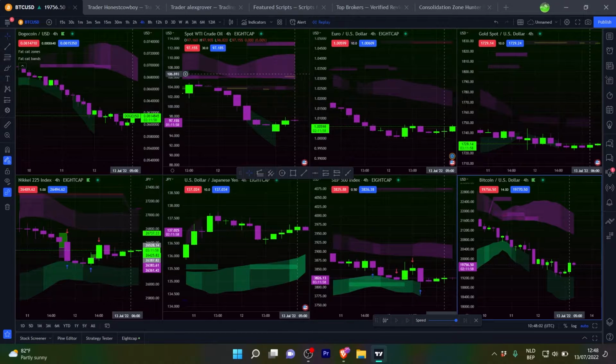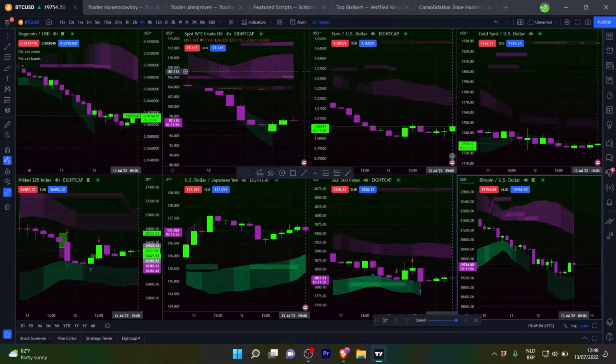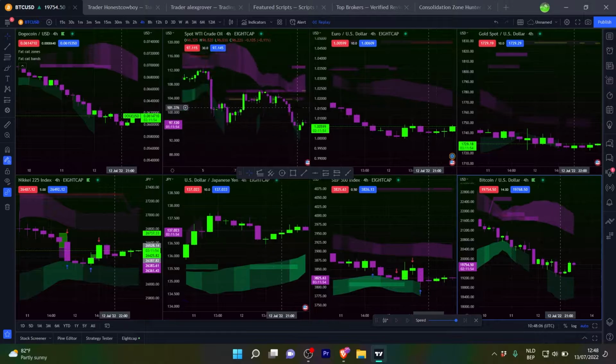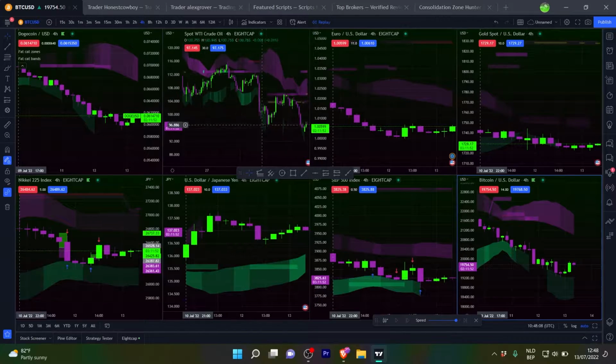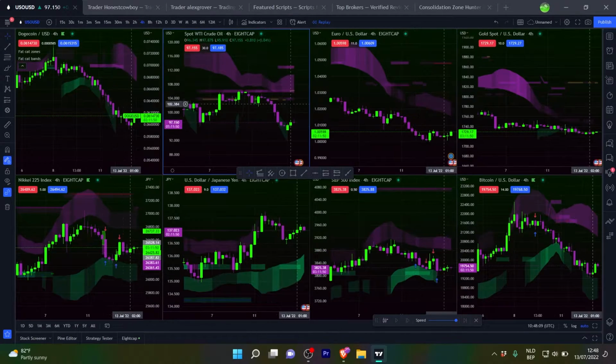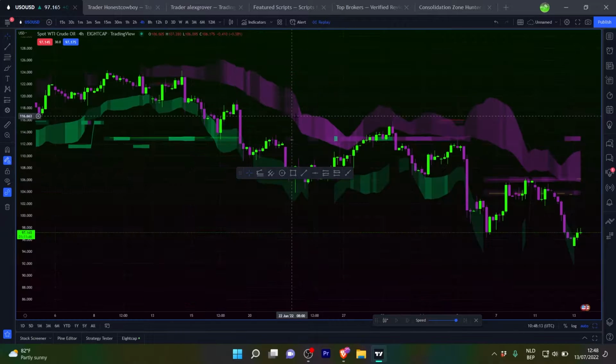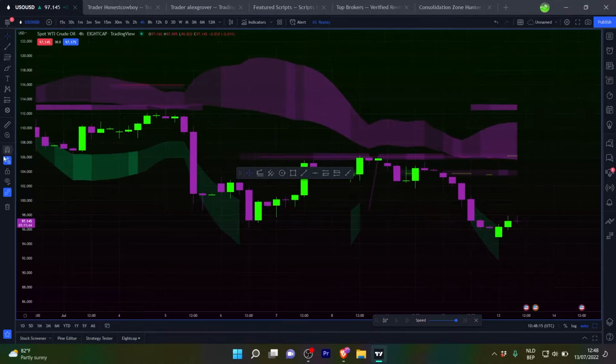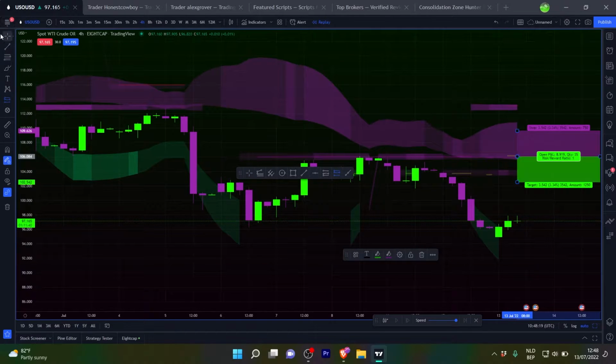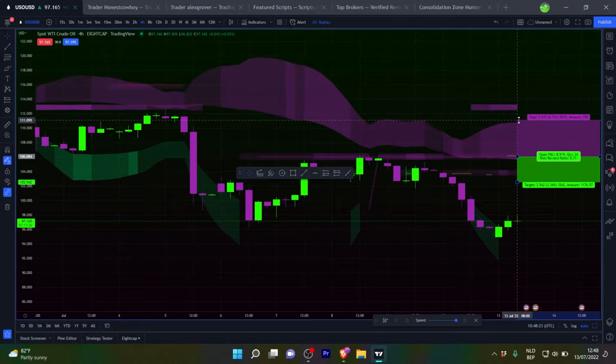This on the crude oil could be a nice zone to take a trade from, but probably the risk is too high. Let me check. Okay. These are Bollinger Bands, by the way.